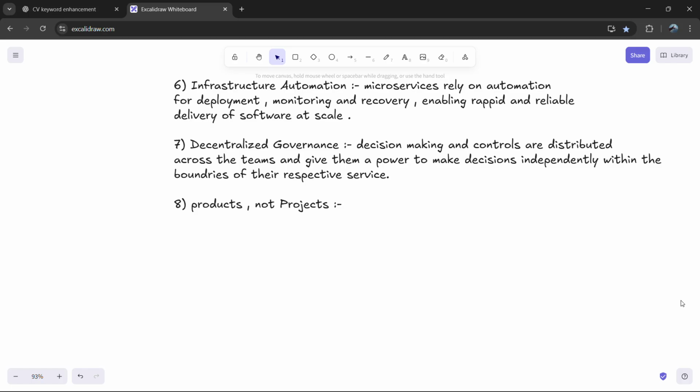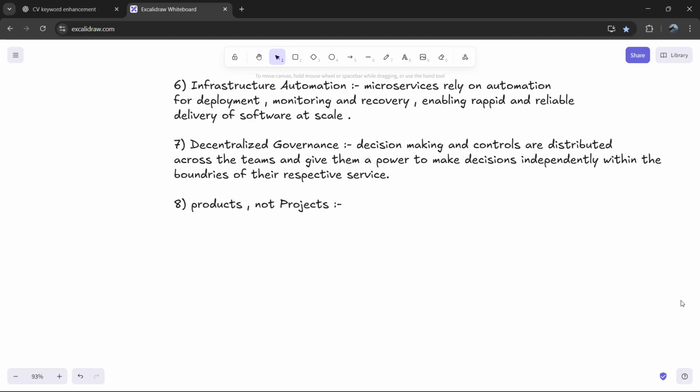You have to treat your project as a product. A project starts, gets developed, and ends after delivery. But a product is a long-term asset that is continuously maintained. So treat your project as a product.